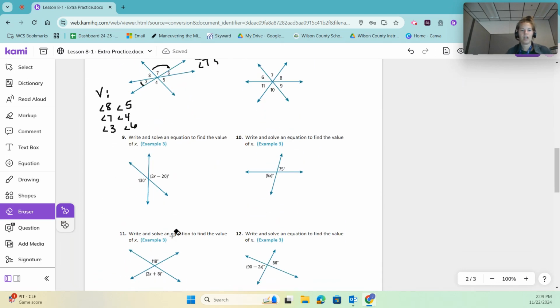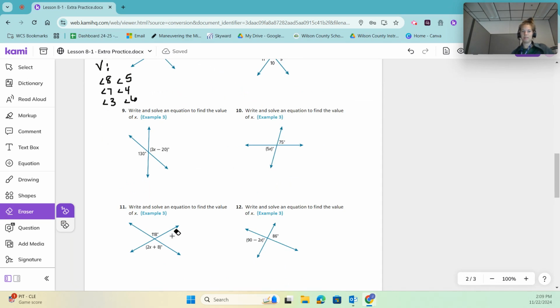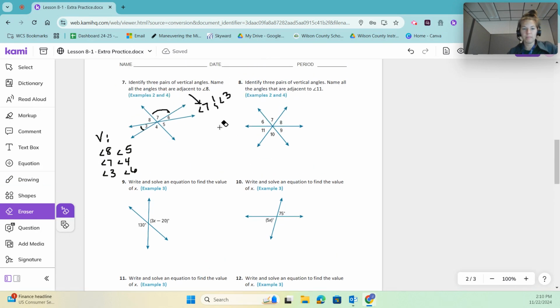Now, sometimes it won't be that simple where they just have numbers there. They're going to make you solve. You should know your vertical angles are equivalent. That means they are exactly the same. So let's come back up here.